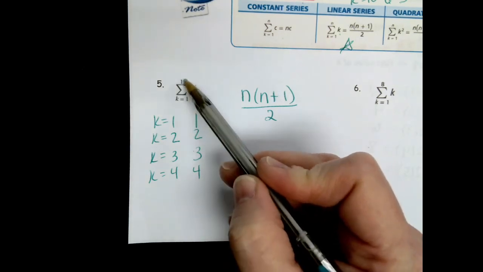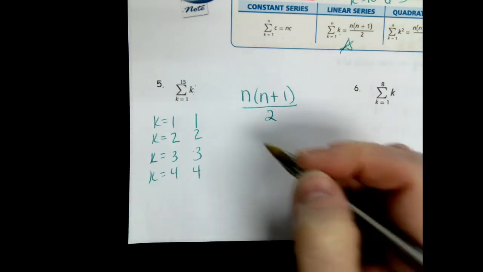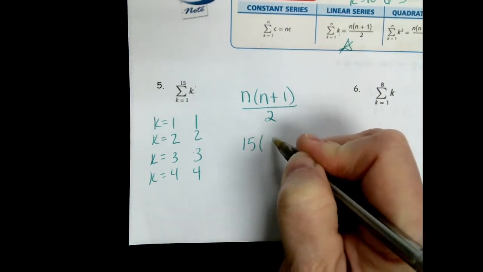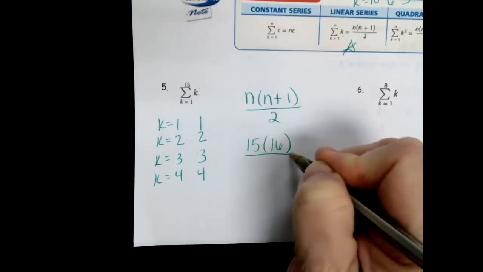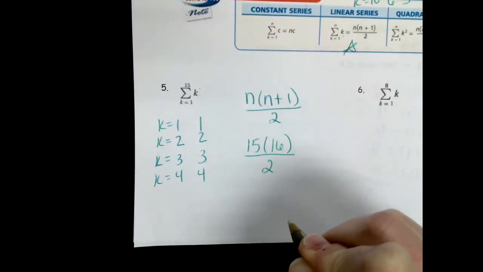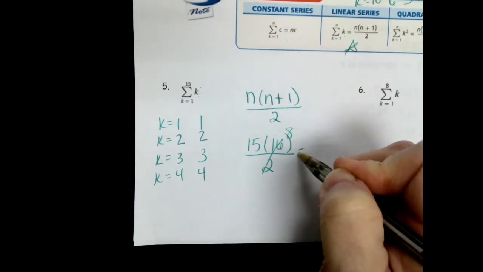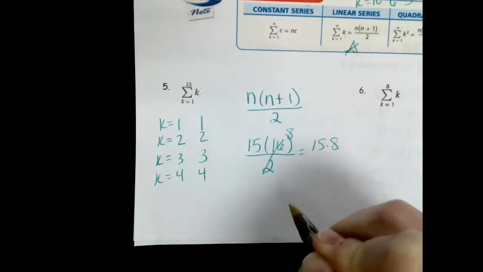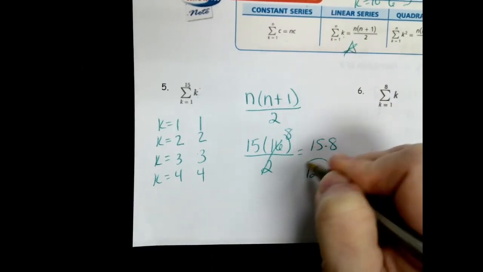So 1 through 15 is 15 terms. So you're going to do 15, and 15 plus 1 makes 16 divided by 2. Hey guys, 2 goes into 16 8 times. So you can do 15 times 8, which is 120. Yes.